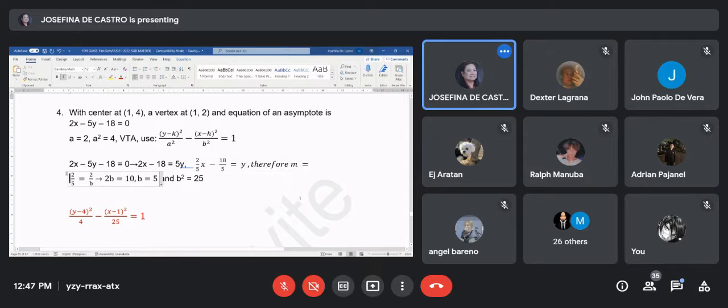Okay na po. Ito yung slope mo. Y is equal to mx plus b. Ito y-intercept yan. Eh, hindi naman natin kailangan yan. Yun lang ang gusto natin makita, yung slope. Okay po.